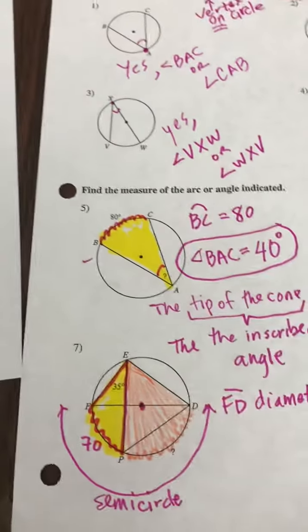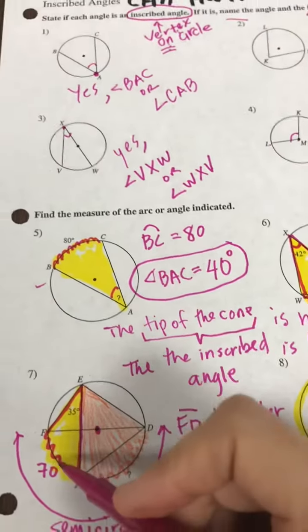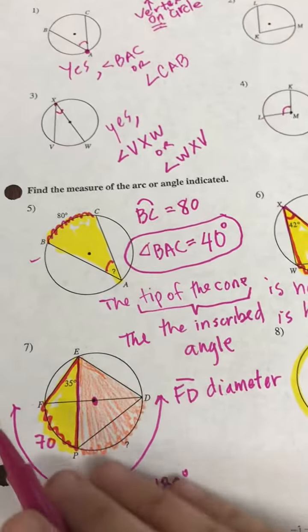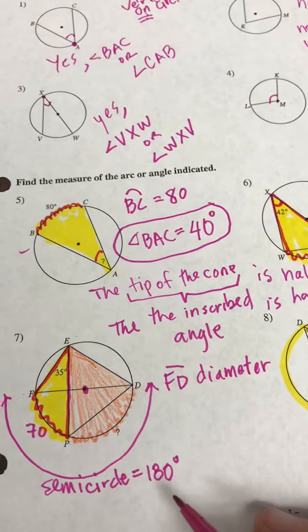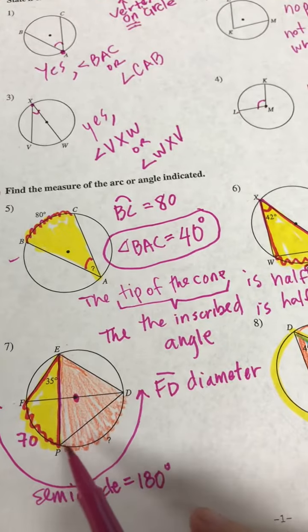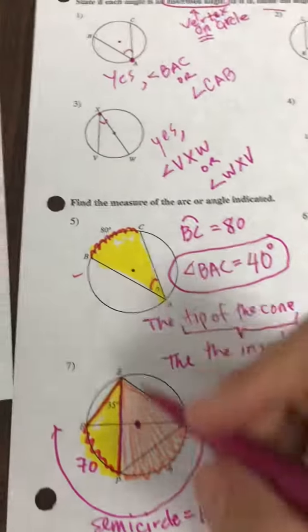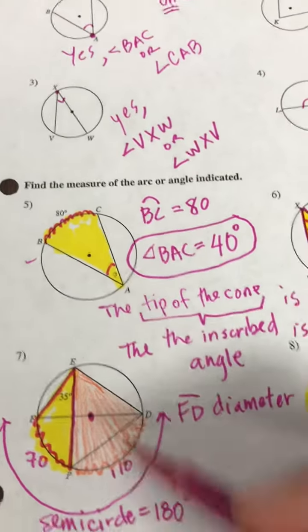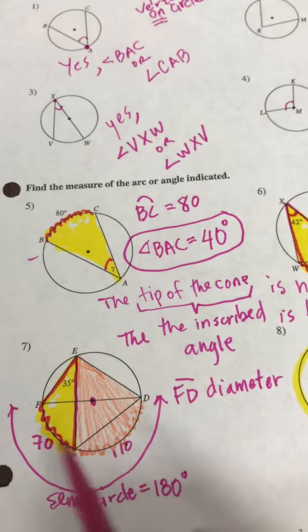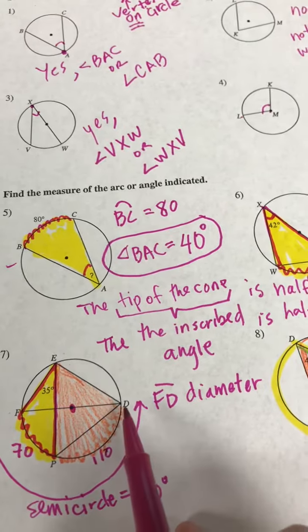And we also know that semicircles are half of all the way around. So we technically know that this has to be 180. So we can kind of work backwards. If this whole arc is 180, and I know that's 70, this would have to be 110. So a little bit of math there, and we talked today about arc addition. So 70 plus 110 should add up to 180.